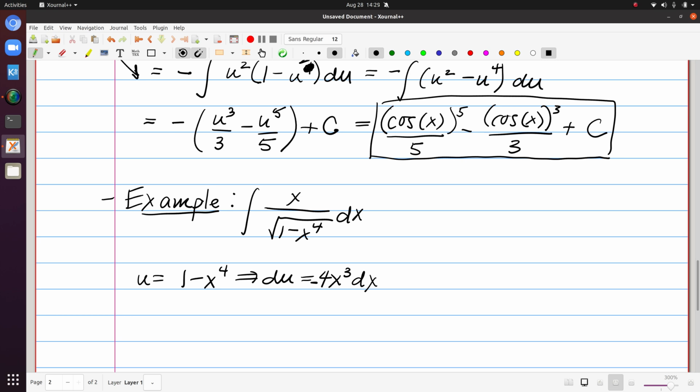So what I want to do is go back to the start and think, what else could I use? So what I start to notice is that my x in the numerator would be the derivative if u were instead x squared. So at first glance, it might feel like we don't have an x squared, but we do, because I can think of this now as 1 minus the quantity x squared squared.